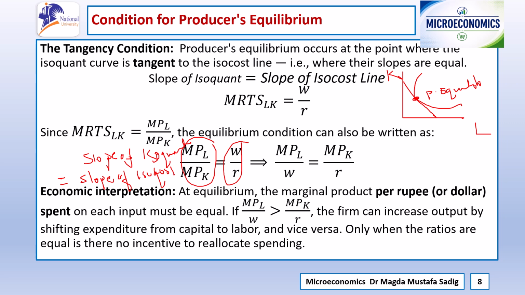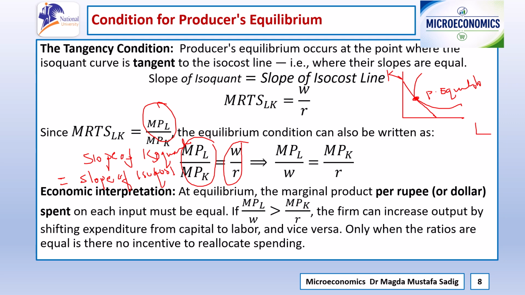So the marginal rate of technical substitution equals the ratio of input prices, and this is the marginal rate of technical substitution here, and this is the ratio of input prices. This condition can also be written as marginal product of labor divided by marginal product of capital equals wage divided by rental price. So what does this mean economically?